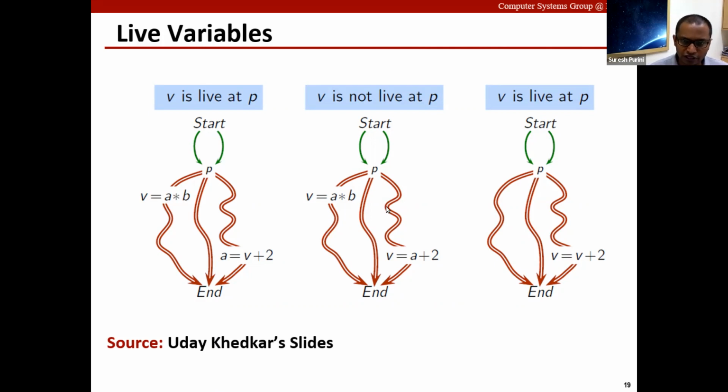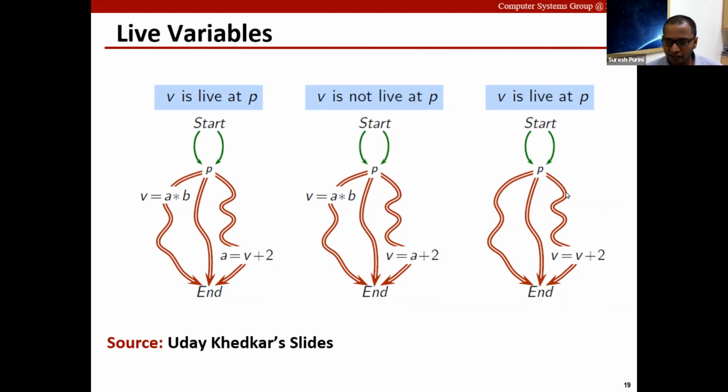Now if you consider this example, v is occurring in two paths. It is not occurring in the middle path, but still the occurrence of v in the leftmost path and the rightmost path is useless to us because v is occurring on the left hand side. That is, it is being defined, it's not being used.